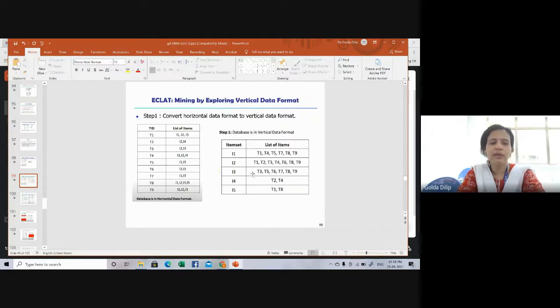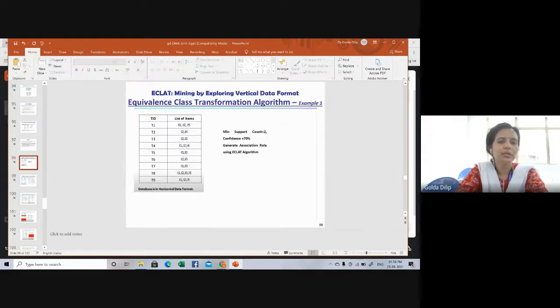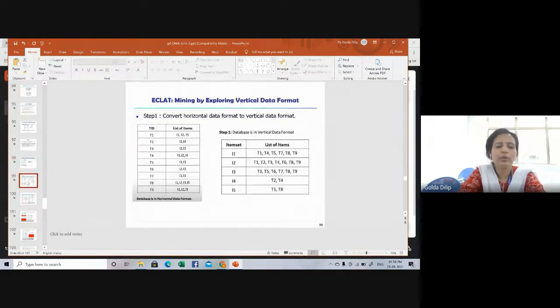Okay, so what is our minimum support count? The minimum support count mentioned in the question is 2. Are all the item sets satisfying the minimum support count criterion? See, the items are all appearing in minimum 2 transactions. Even I4 is coming in 2 transactions.